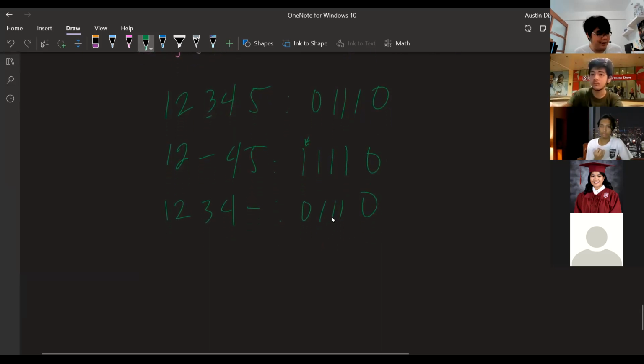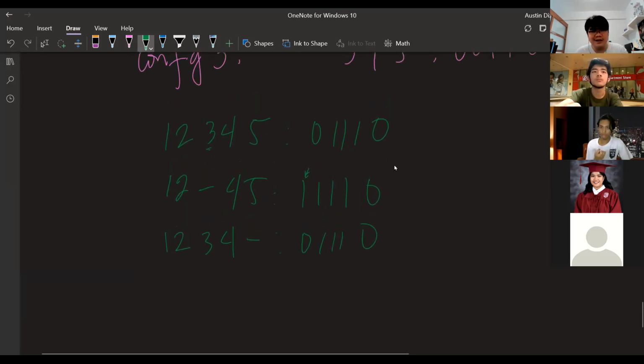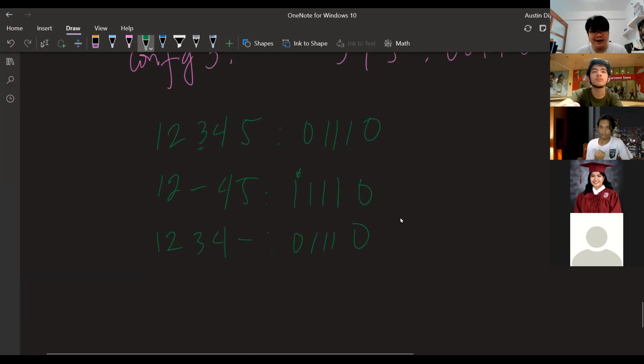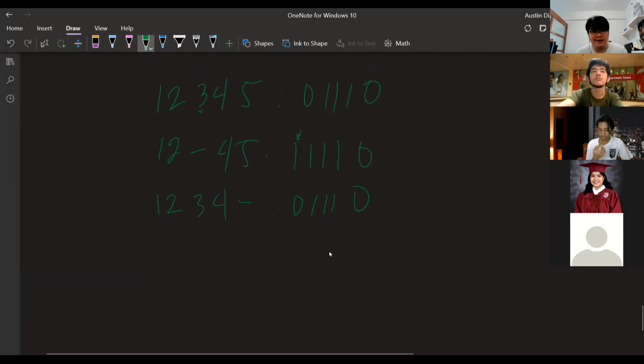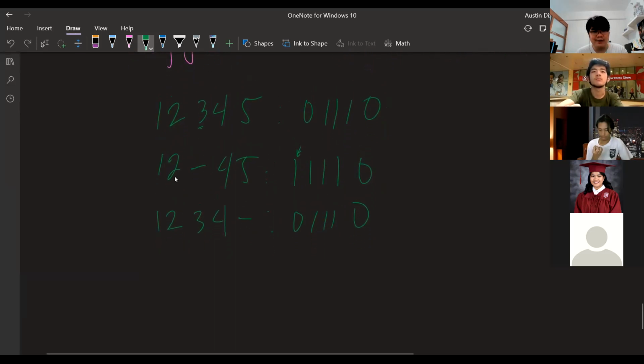Ibig sabihin, madali buhay mo nito pag ginawa mo siya. Kasi same lang yung nangyayari. So, 5 doesn't affect. Turning on and off 5 doesn't affect the circuitry. So, therefore, somewhere between 1, 2, and 4 controls number 5 light. Okay.